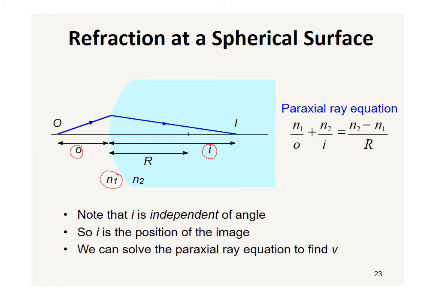We've got n1 on side number 1, and on the other side, side number 2, this has got a different refractive index. And we can relate these distances using the refractive indices and the radius of curvature. So you can then use this equation to find out i, the distance from the vertex to the image.